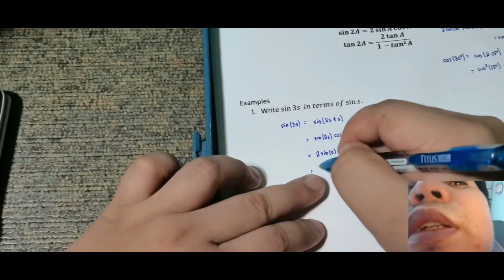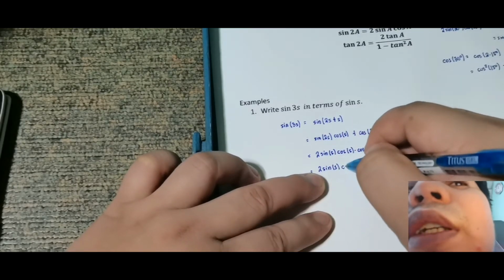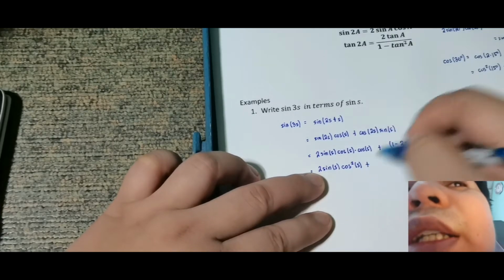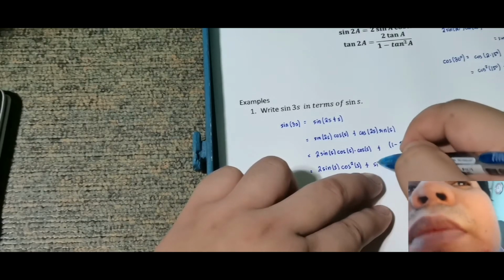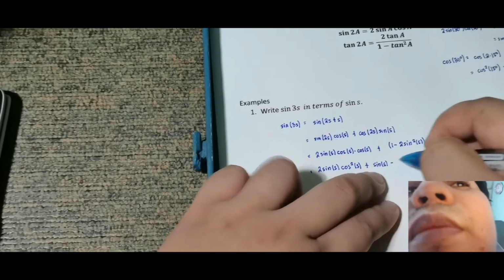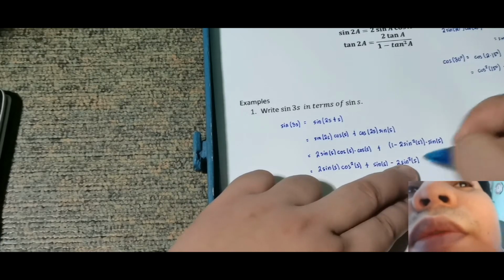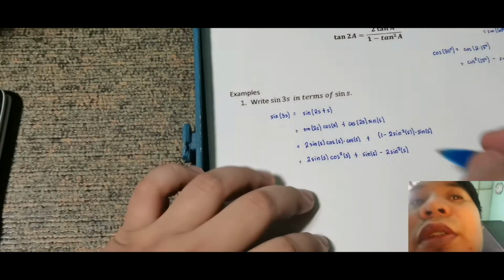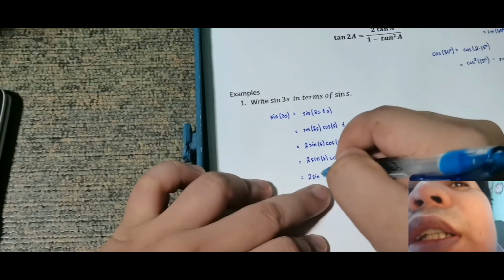Then this is equivalent sa 2 sine s cosine squared s plus, distribute natin yung sine s, so this is 1 times sine s is sine s minus 2 sine cube of s. Next, siyempre may cosine squared pa. Since may identity tayo na cosine squared is 1 minus sine squared, substitute natin yun.